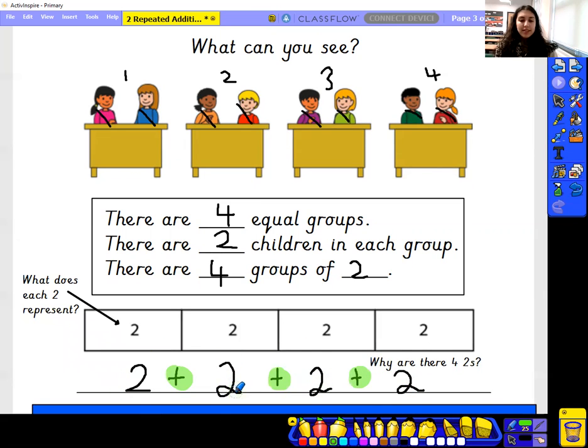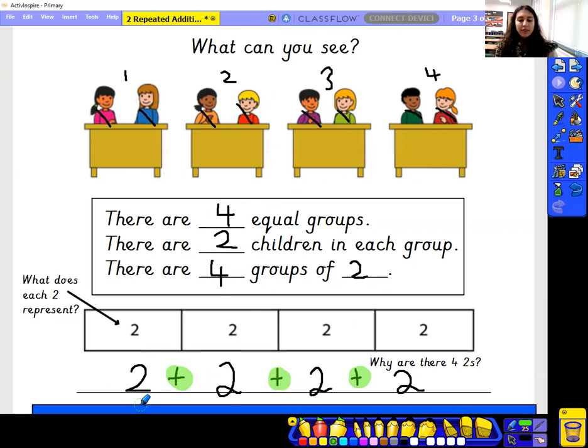And the reason it's the same number is because all of my groups are equal. So they need to have the same number of children in each group for them to be equal. So there are 4 equal groups, there are 2 children in each group, and there are 4 groups of 2.